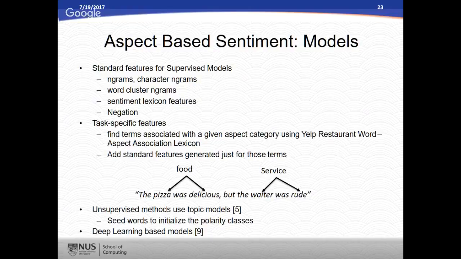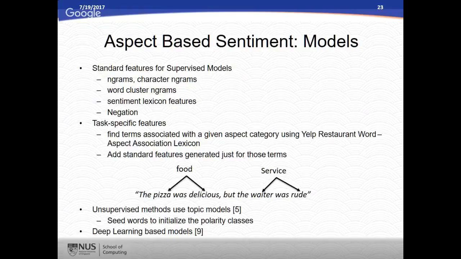There are some unsupervised models also that try to tackle the same task, and they use word-based topic models to figure out which are the aspects and what are the sentiments around them, right? They normally use some seed words to initialize the polarity class, as I told you just some time back.